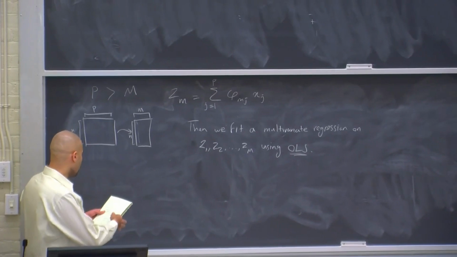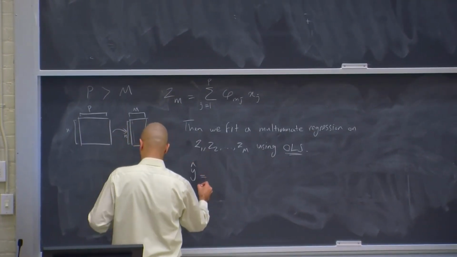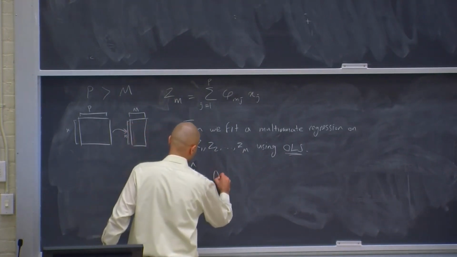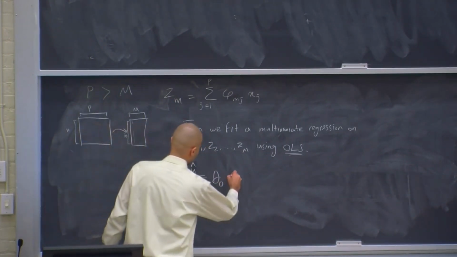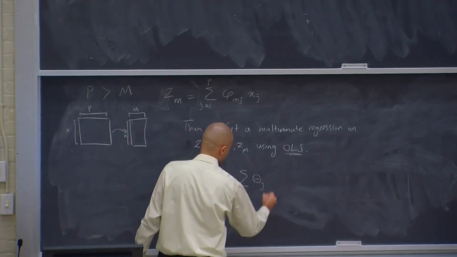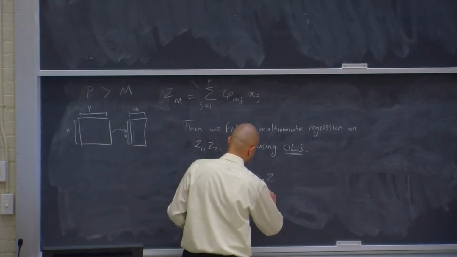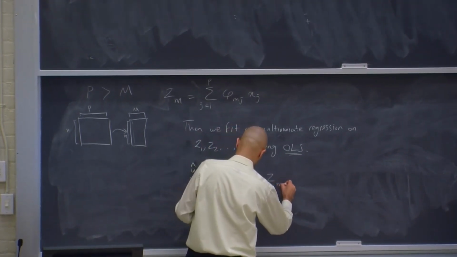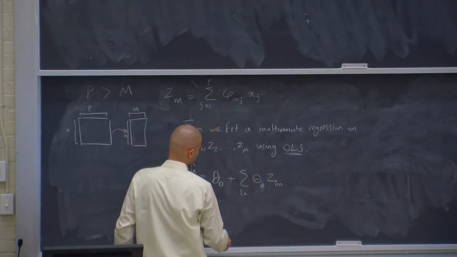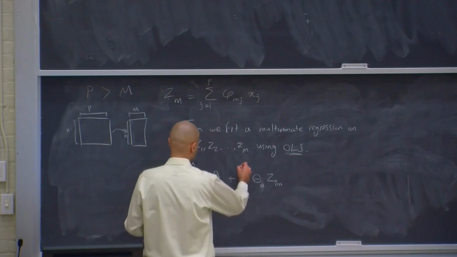So now if you rewrite it, essentially this is going to give us some y hat. For observation i, it's going to have some intercept plus the sum of theta m times z sub i m, for m from 1 to capital M, right?